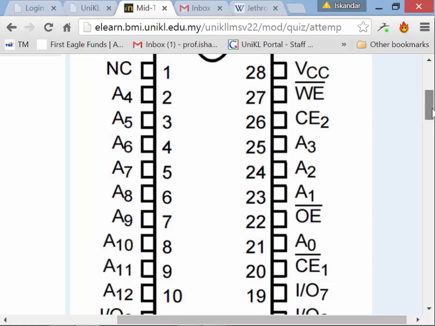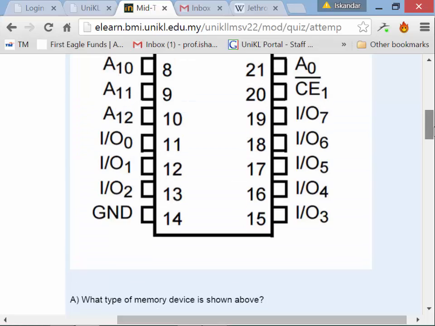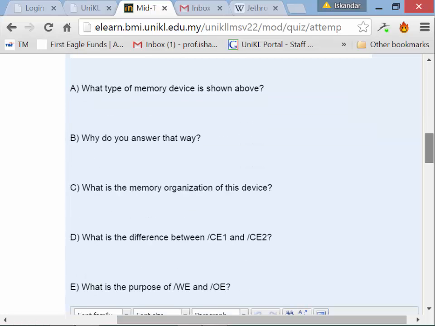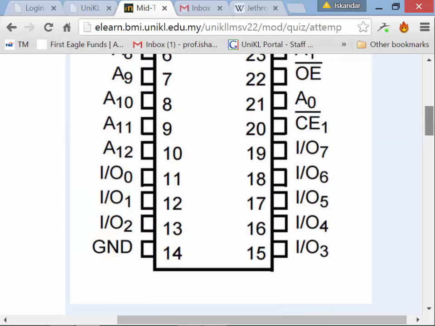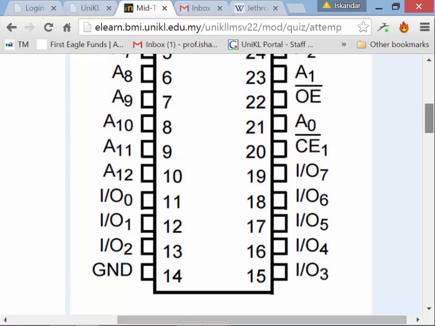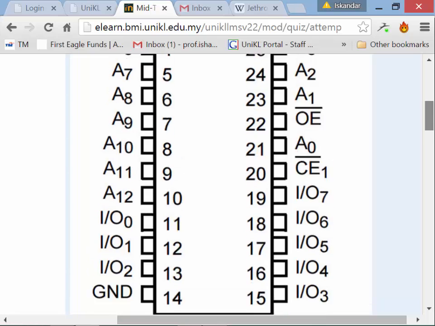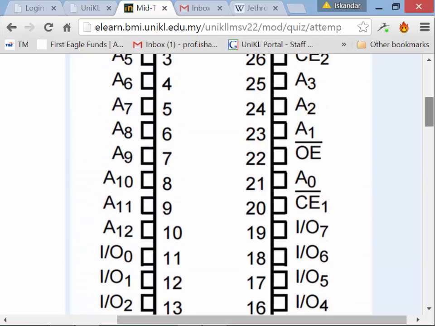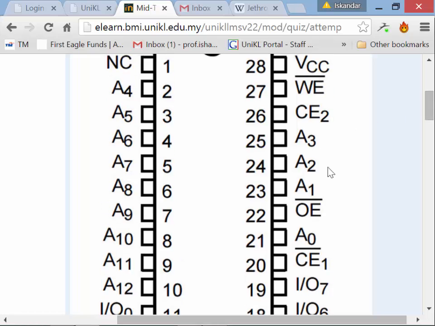They both have to be active for this chip to be selected. If you look at the actual chip, chip select 2 has to be high and chip select 1 has to be low. But they both have to be active in order for this chip to be selected. So essentially, they're treated as equal pins internally.